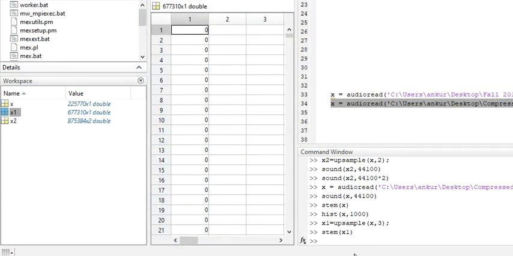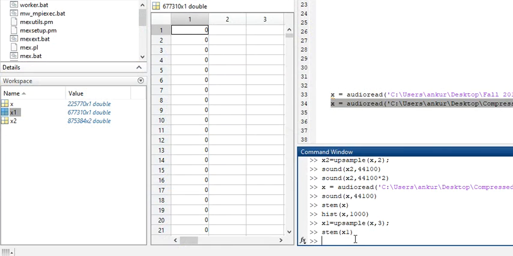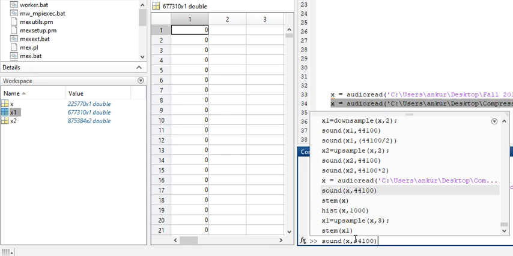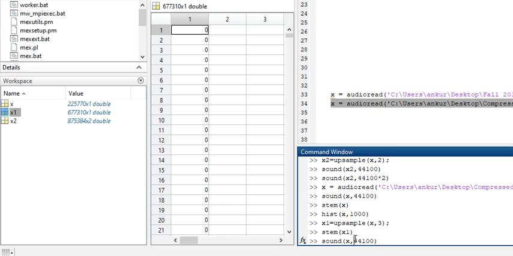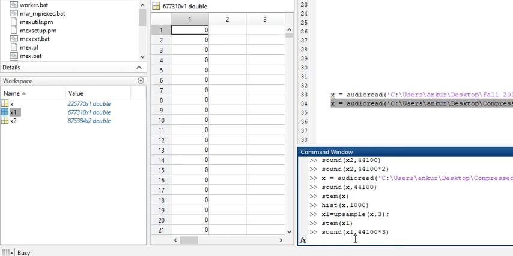So that's like how we had in the last case. For one sample there was 1 zero because the factor was 2. And let's now sound x1. Now we are upsampling it, so we must multiply this by the same factor.